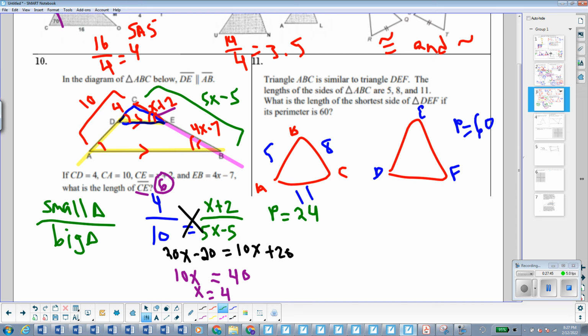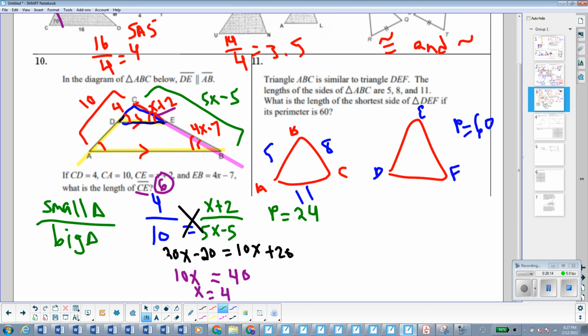Now, I know that when triangles are similar, their corresponding sides are proportional. And since their sides are proportional by some scale factor, their perimeters are also proportional by the same scale factor, because if the sides are proportional by a scale factor, that's going to impact the sum that you get when you add them up. And it will be by the same scale factor.